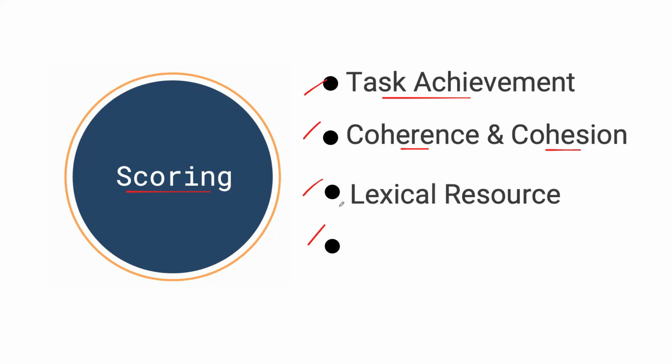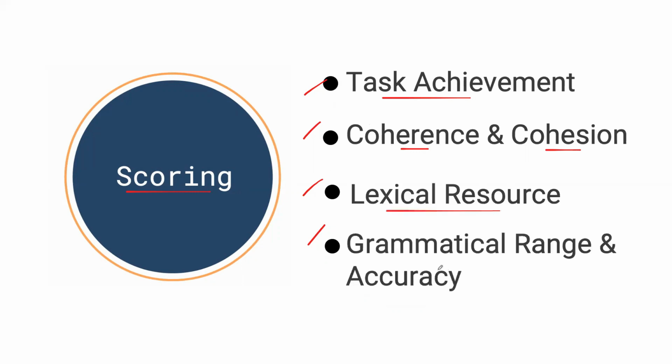Then the last 2 are talking about your lexical resource and your grammatical range and accuracy. I like to put these 2 together because this all has to do with your language. So for your lexical resource, you want to make sure that your vocabulary is accurate, that it's clear, that it's relevant to the task, and that you can paraphrase the information in your charts well.